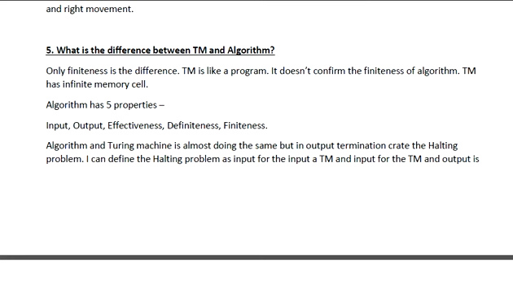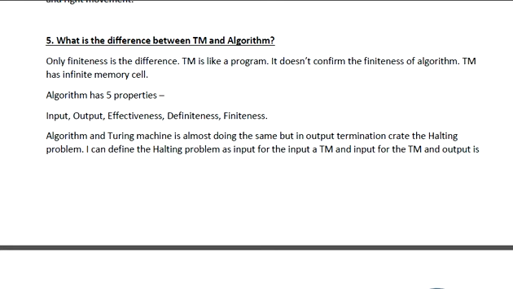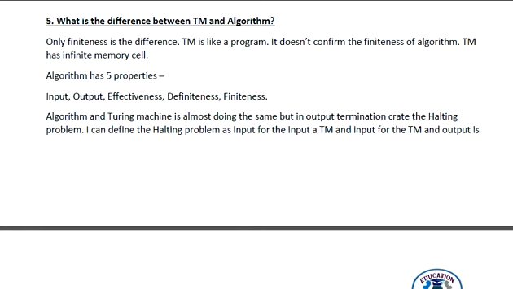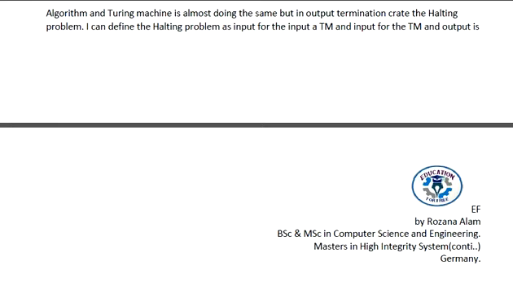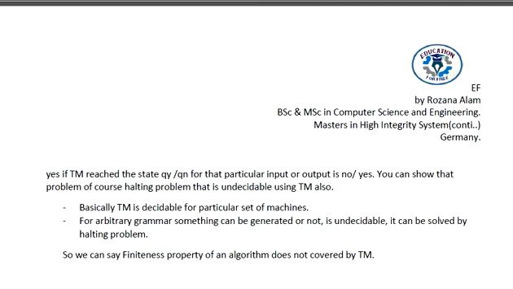You know about that. So an algorithm and a Turing machine are almost doing the same, but the termination of the output creates the halting problem. I can define the halting problem as: the input is a Turing machine and an input for the Turing machine, and the output is yes only if the Turing machine goes to the final state Q yes or Q no. You can show that the halting problem is undecidable using a Turing machine.